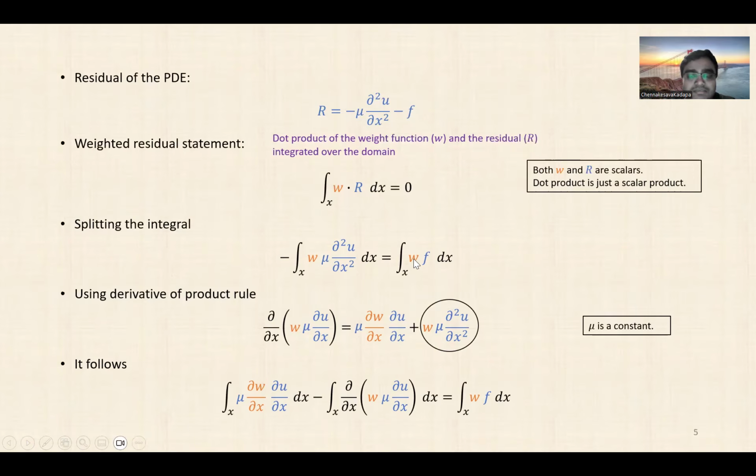Okay, and on the right hand side, this w f dx remains. Okay, so this is the intermediate step in deriving the weak form. We still haven't applied the boundary conditions.